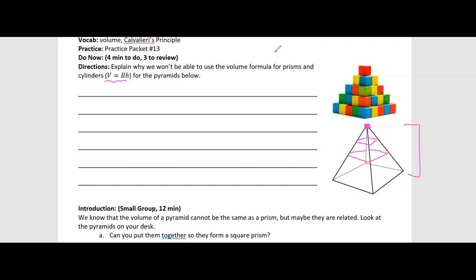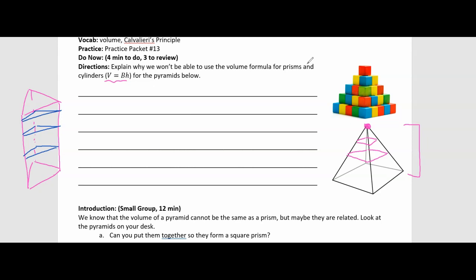If I have, we'll just do a triangular prism, as I take the cross-sectional areas, they're all congruent as I move up the prism.